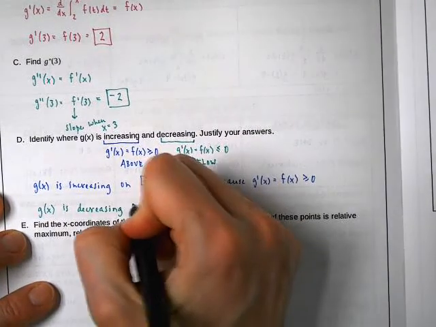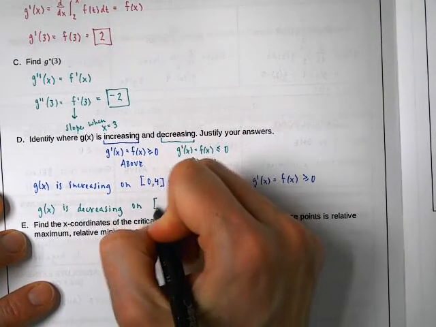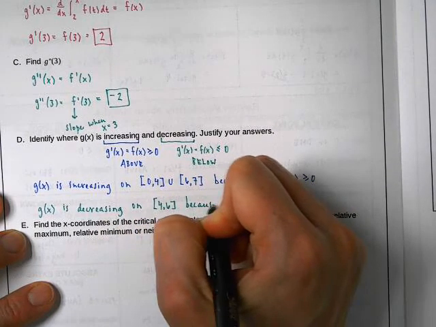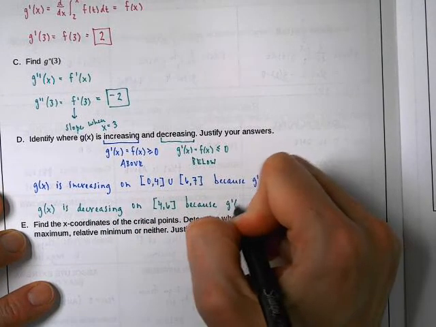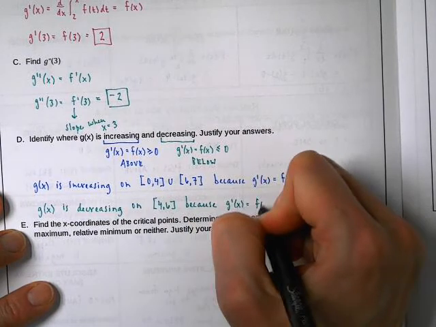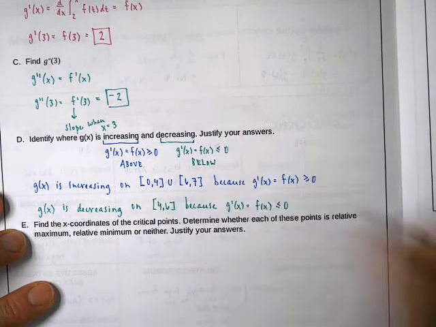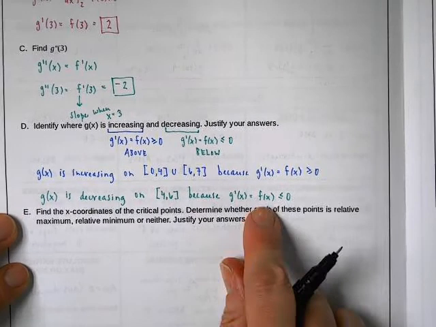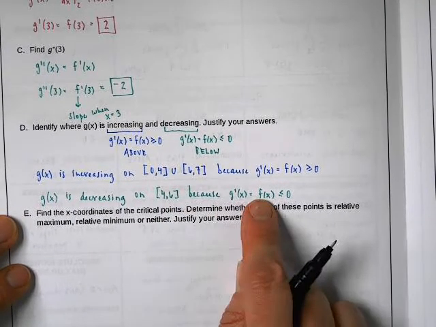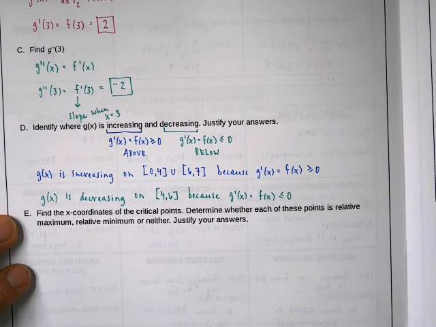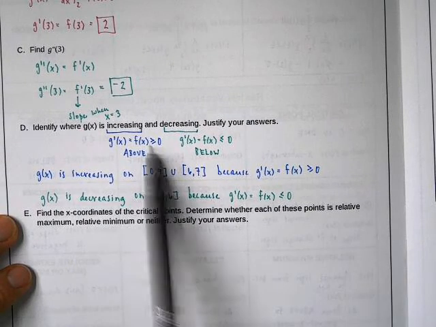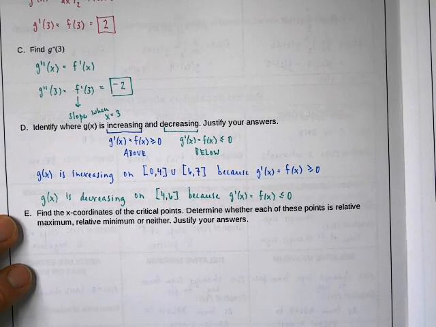It's decreasing on the interval from 4 to 6 because g prime of x, which is equal to f of x, is less than or equal to 0. Now, notice in my justifications, I did not say because the graph is below the x-axis or above the x-axis. I used the definition for increasing and decreasing in my justification.